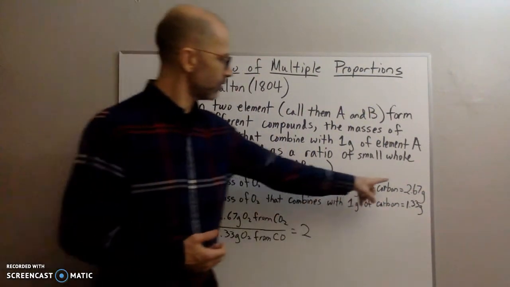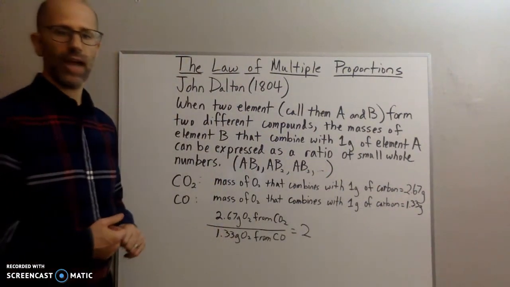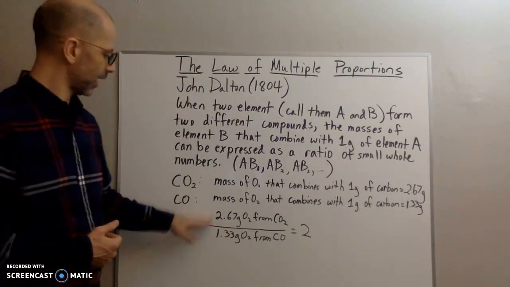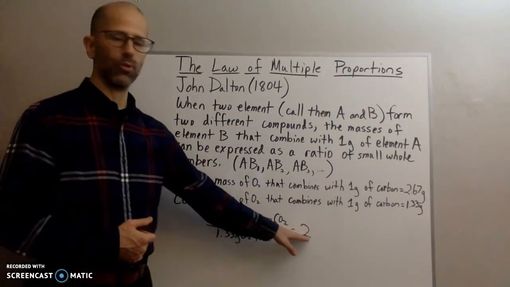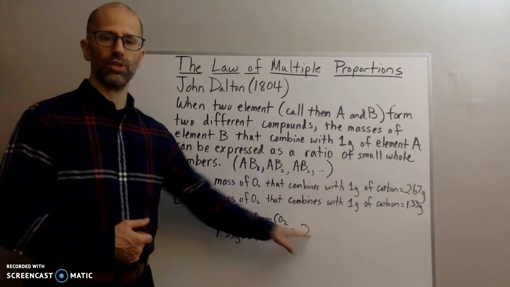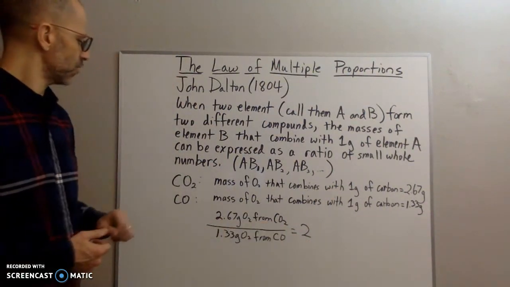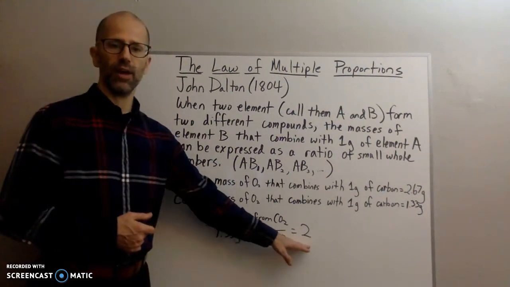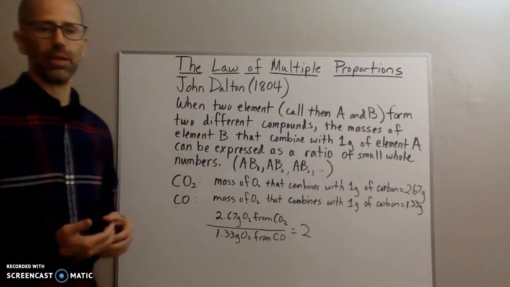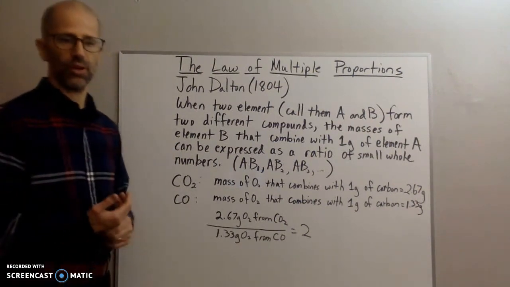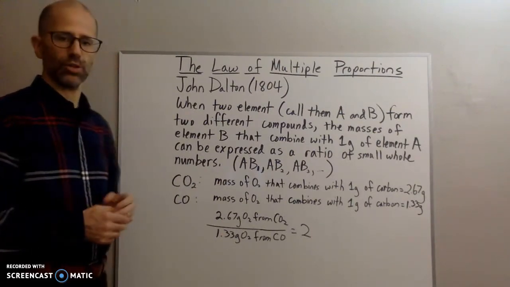Then you take these two masses of oxygen and put them in a ratio, and you can see that the ratio is 1 to 2. This is a small whole number ratio, and so this goes with the atomic theory that Dalton was postulating.